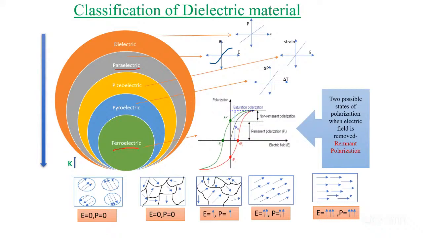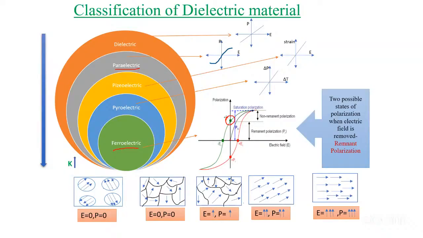So in the ferroelectric material, the polarization remains even after the electric field is removed. So if E equals 0, which is here, the polarization is there. If you have polarized it with a positive electric field, some polarization will be left over.